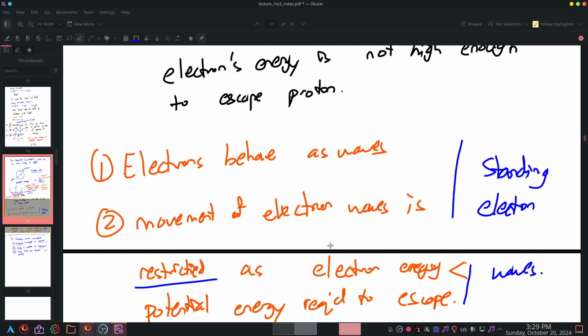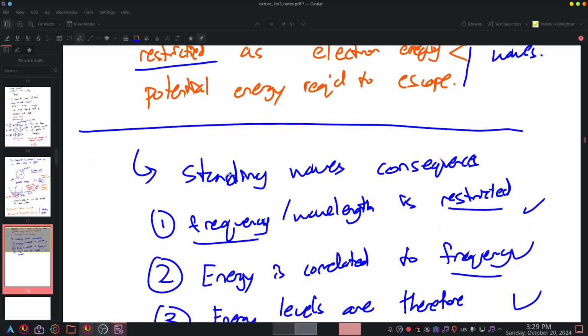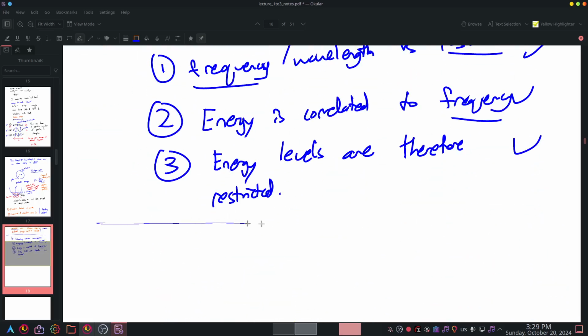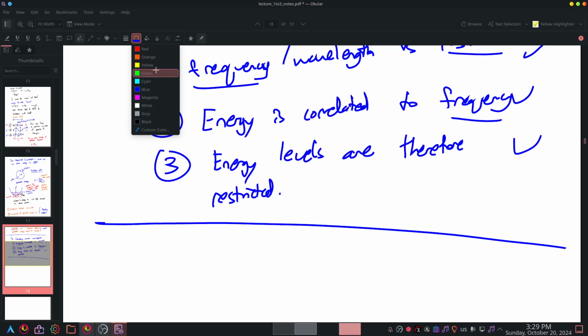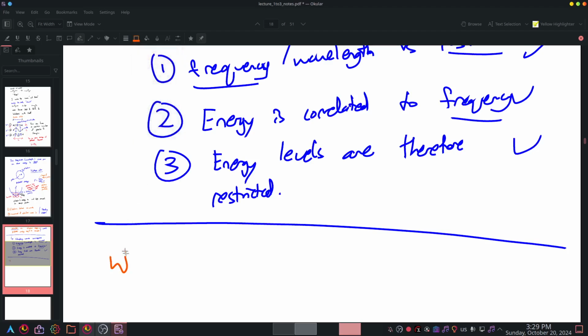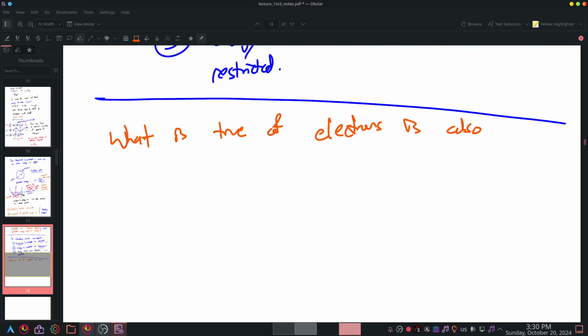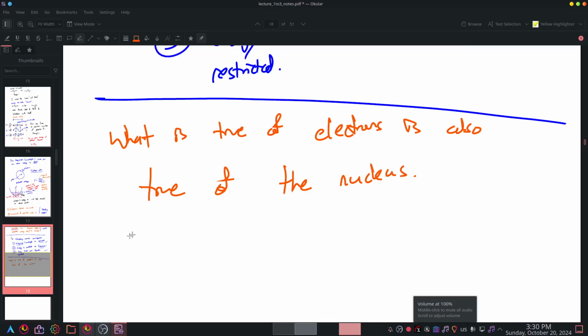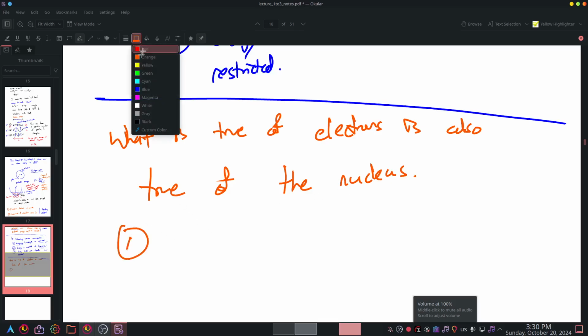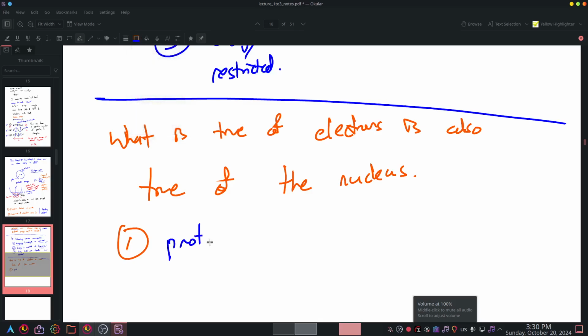What is true of electrons is also true of the nucleus. One, protons and neutrons behave as waves.